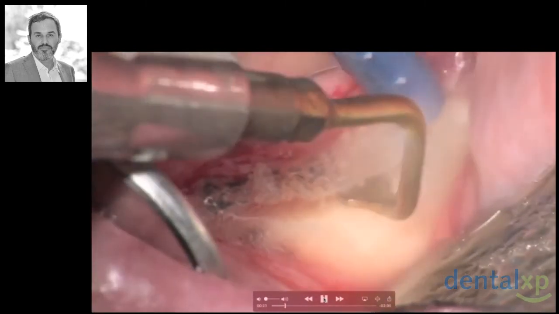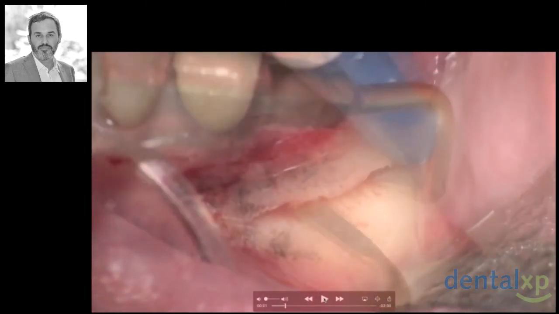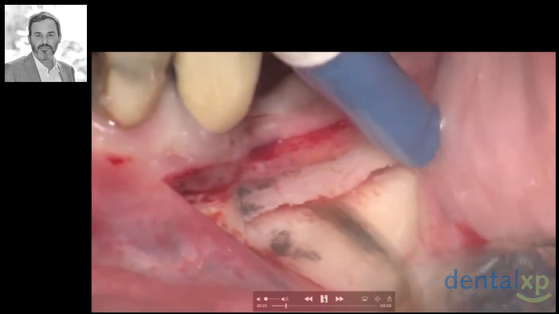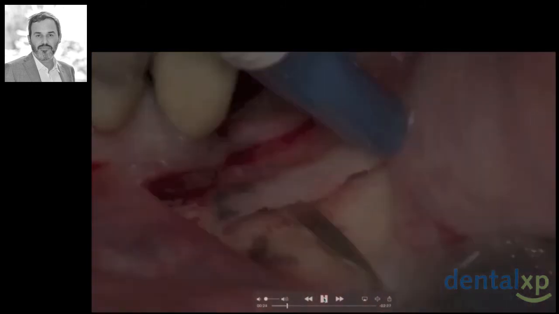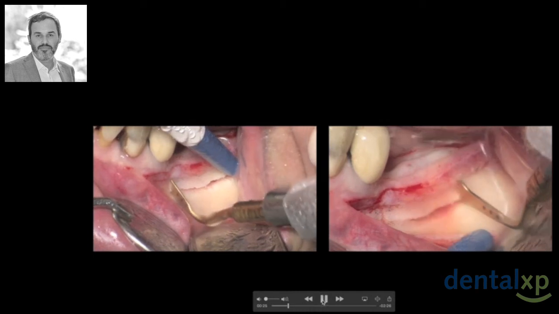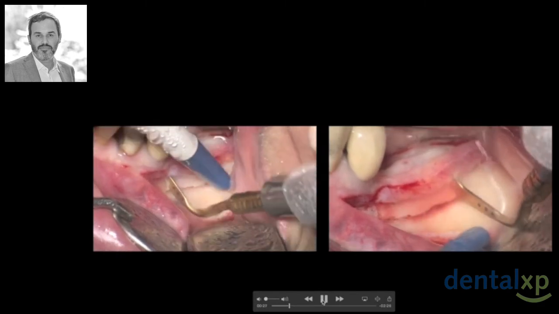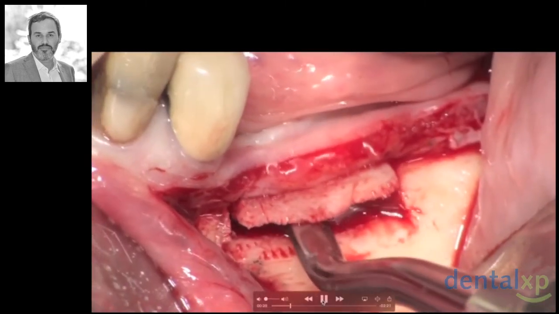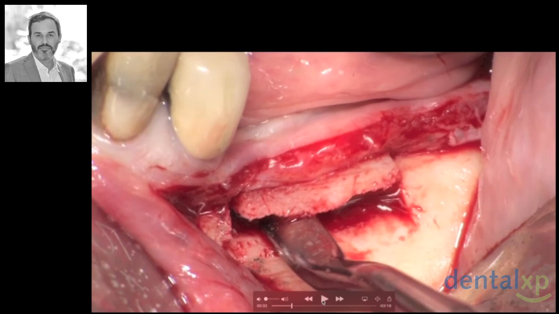And now, with the piezo surgery, we start making the osteotomy line. In particular, in this technique, you make two vertical osteotomy lines, one mesial and one distal, and one horizontal osteotomy line. And pay attention to the lingual periosteum.